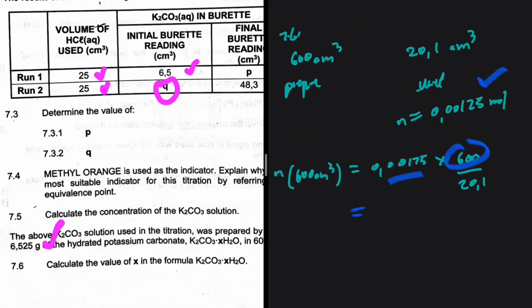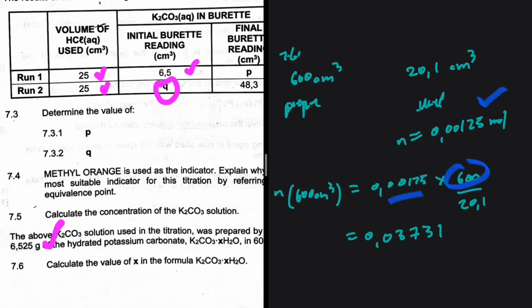So let me just put that in my calculator. 0.00125 multiplied by 600 divided by 20.1. I'm getting 0.033731. Let me just look at my substitution once more to see that I've not done anything wrong.